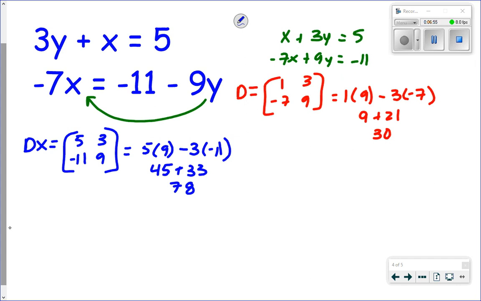And to solve for x, x equals dx over d. So dx was 78 and d was 30. I know that 78 isn't divisible by 30, but it can probably be reduced. And that is going to be 13 over 5.